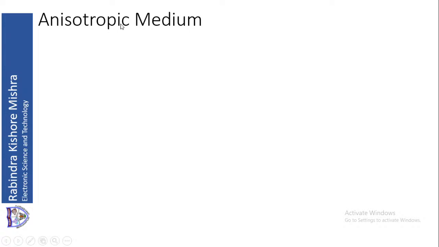Okay. So for an isotropic medium, the direction of the phase propagation, that is the movement of the equiphase planes, is radial with velocity. We are considering here the velocity up, the phase velocity.